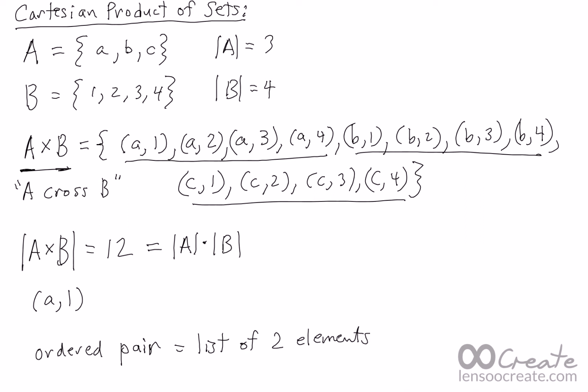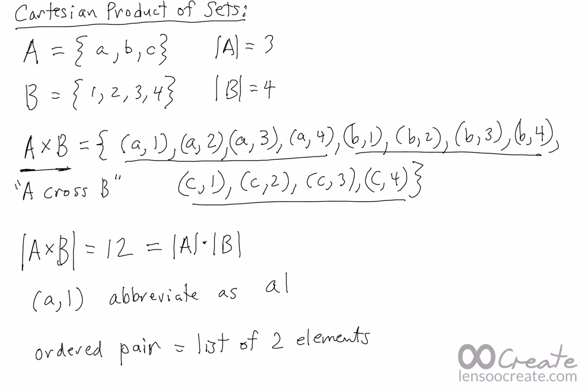Okay? Very often what we're going to do when we write cross products is use a shorthand notation. We're going to abbreviate (a, 1) as a1. And you can see that that's going to save a lot of writing.